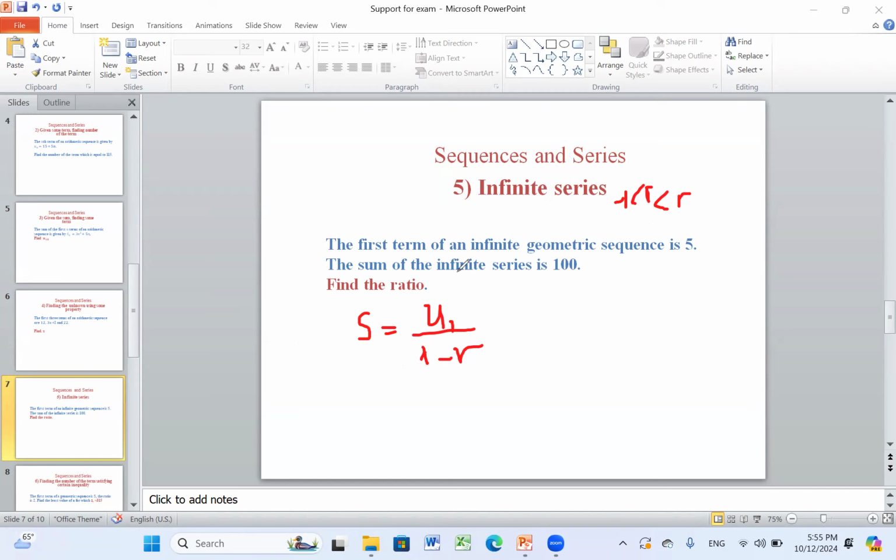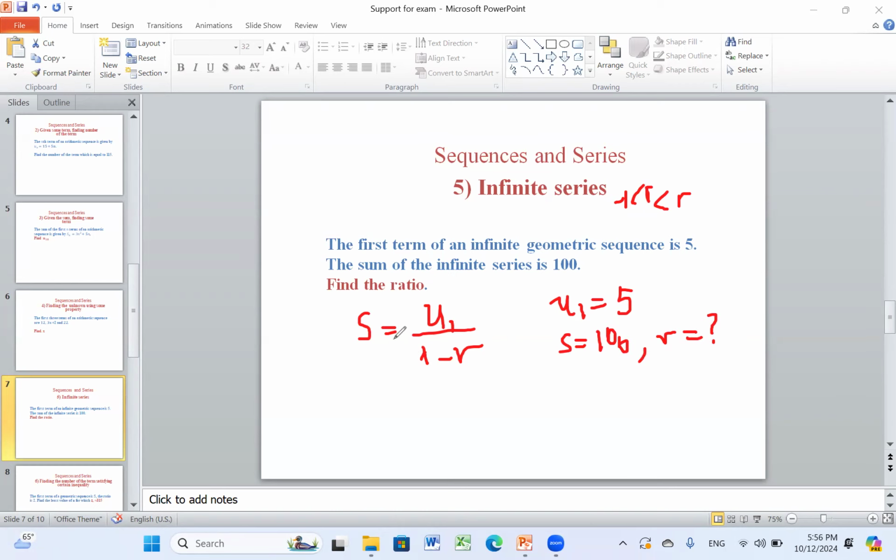The first term of an infinite geometric sequence is 5. The sum of the infinite series is 100. Find the ratio. So let's write what data is given. The first term, U1, equals 5. The sum of the infinite series is 100, so S is 100. We need to find the ratio.